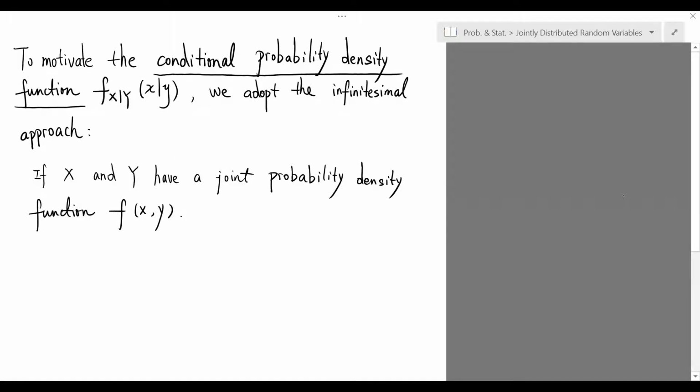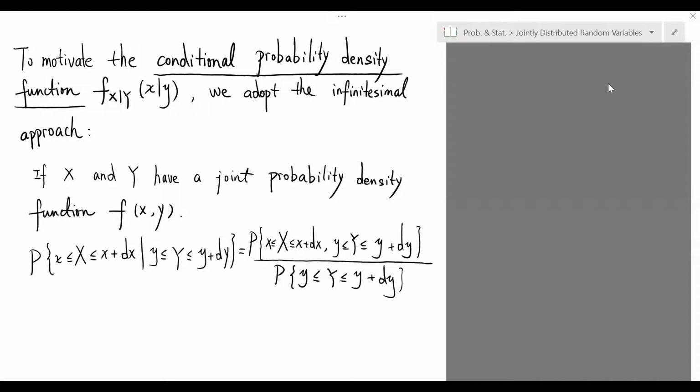Let's move on to our main objective. To motivate the definition of conditional probability density function, we adopt the infinitesimal approach. Let's fix the notation first. Suppose that capital X and capital Y have a joint probability density function denoted by f of x comma y.